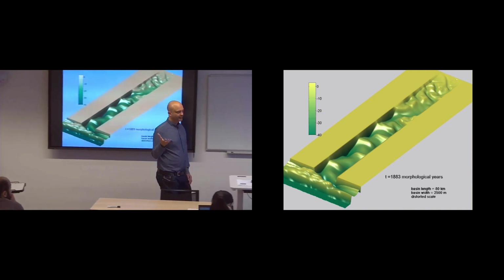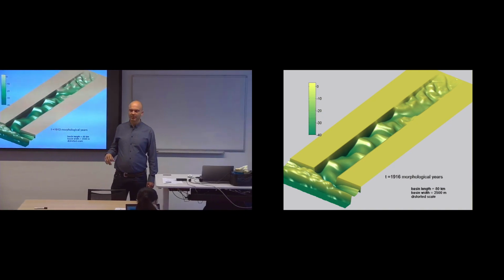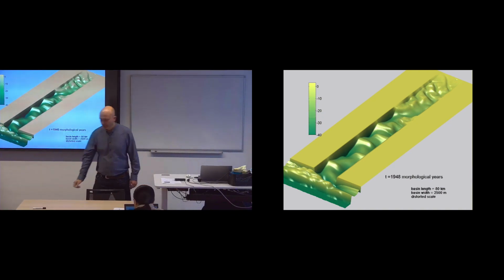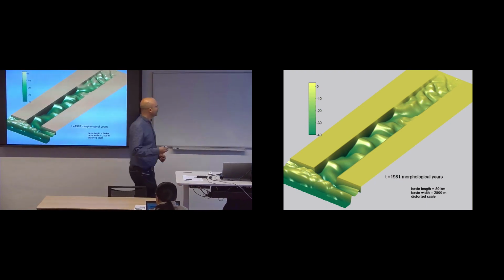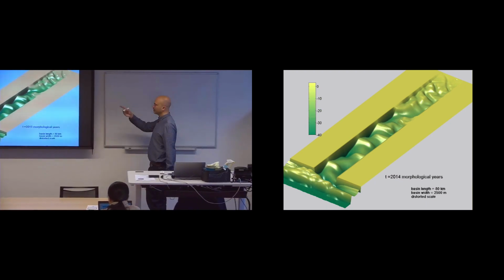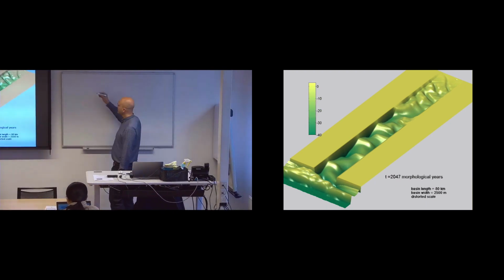Well, the flow in the river is about 500 cubic meters per second maximum. If the tidal cycle, say it's like this, and let's say that the amplitude is 1.5 meter.